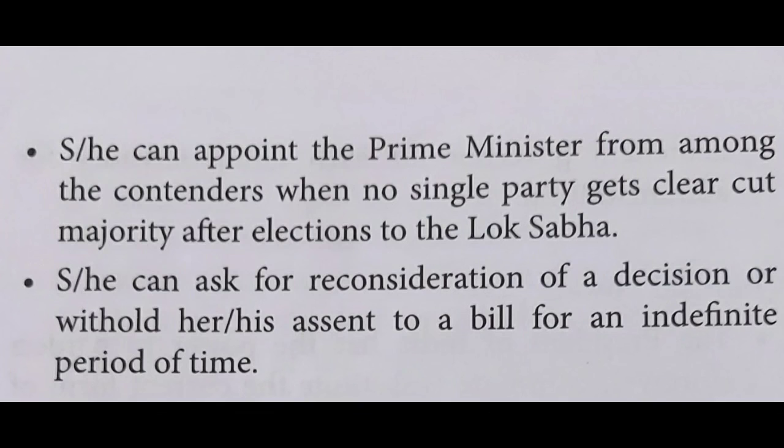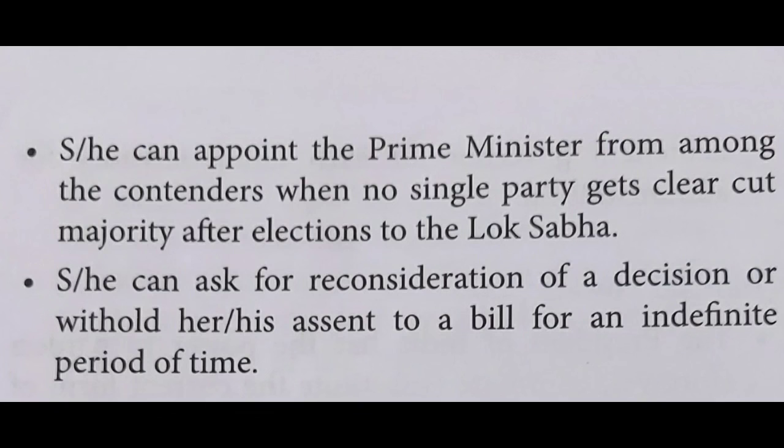He or she can appoint the Prime Minister from among the contenders when no single party gets a clear-cut majority after election to the Lok Sabha. This is one of the most important discretionary powers of the President.